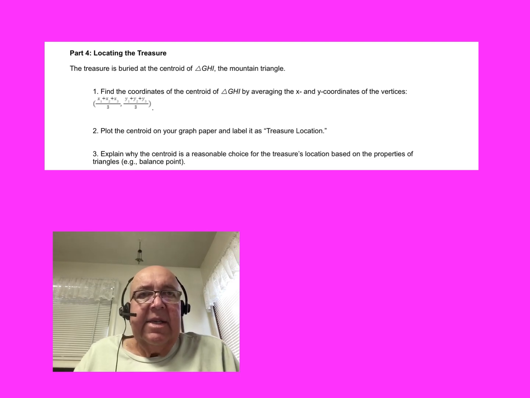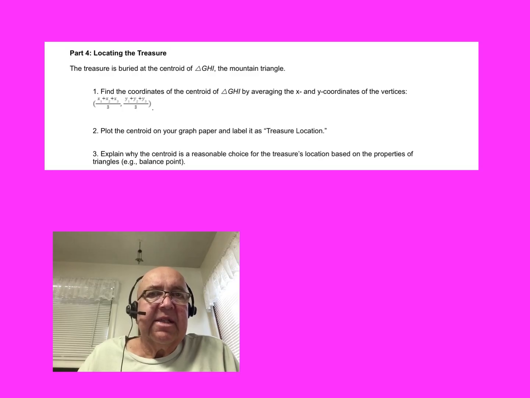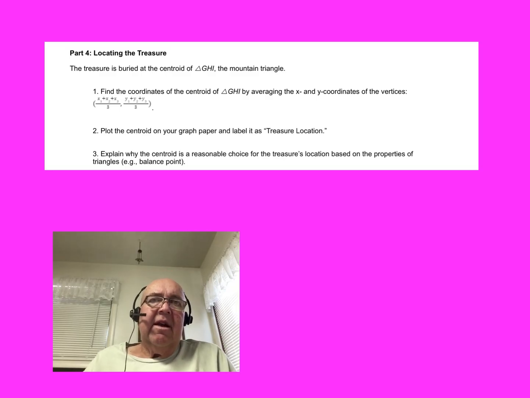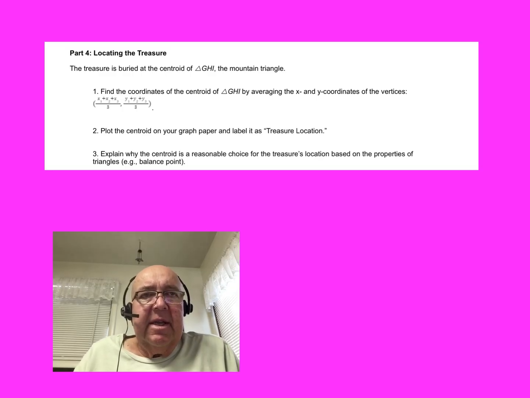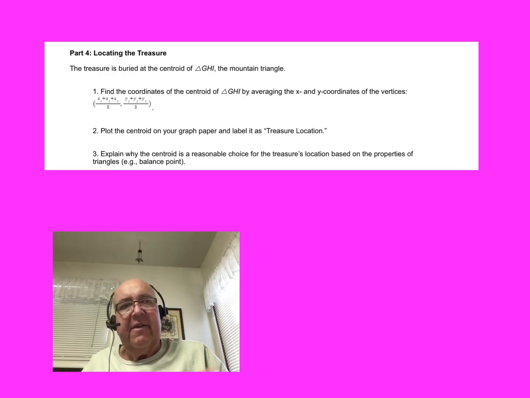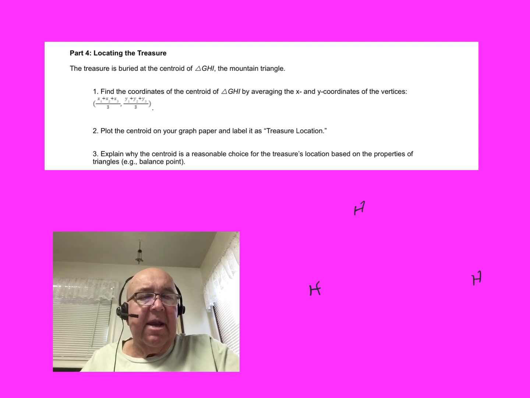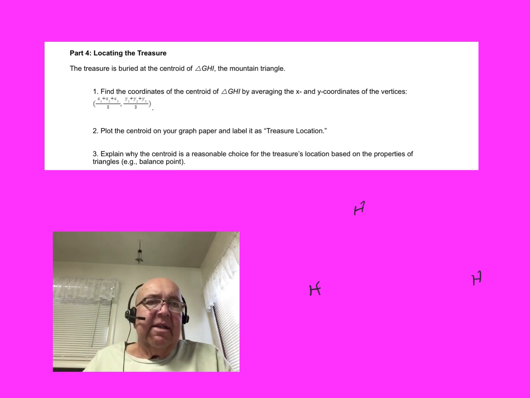It is to find the centroid of the triangle. The centroid is actually the average of the x values and the y values of the vertices. It's a point that is sort of the balance point of the triangle. This is an important thing to think about. Just to give you a significance of a centroid, let's say you have a town with 3 hospitals that sort of form a triangle, and you want to locate an ambulance station that's easiest to get to all 3 of those.